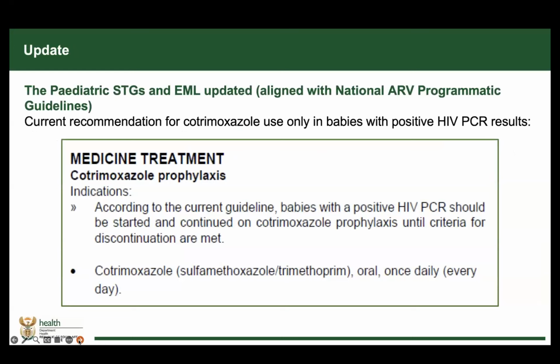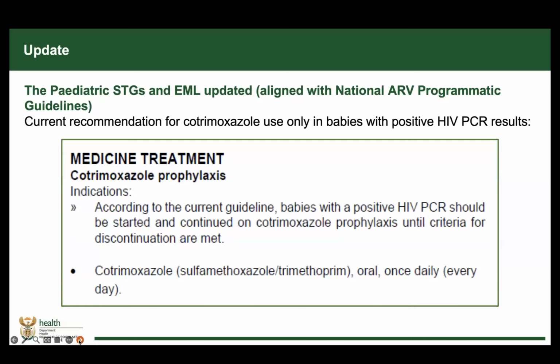On that basis, the Pediatric STG and the EML, in conjunction with the National ARV guidelines, recommended that cotrimoxazole prophylaxis would only be indicated once the baby has a positive HIV PCR, and that continues until the criteria for discontinuation are met, as per the previous guidelines.